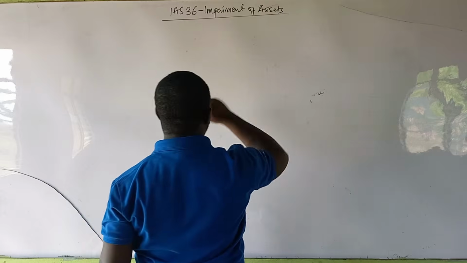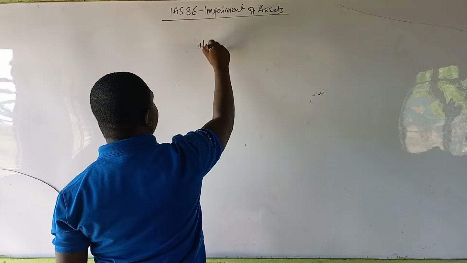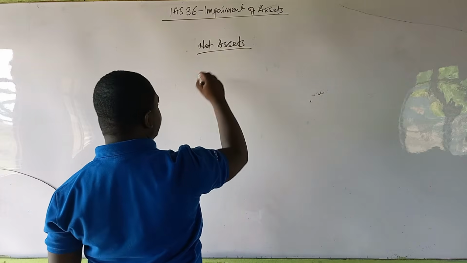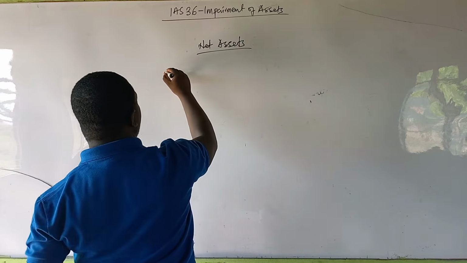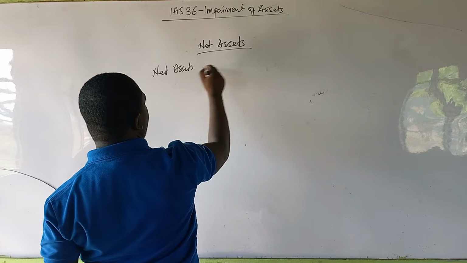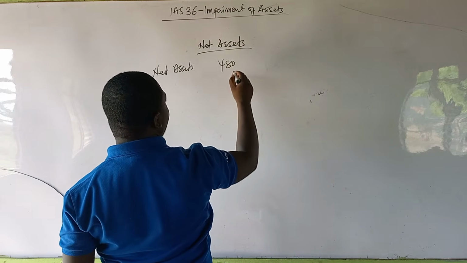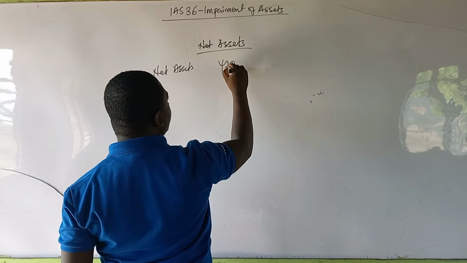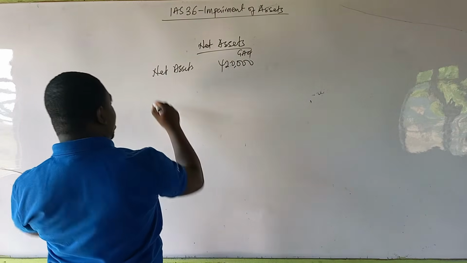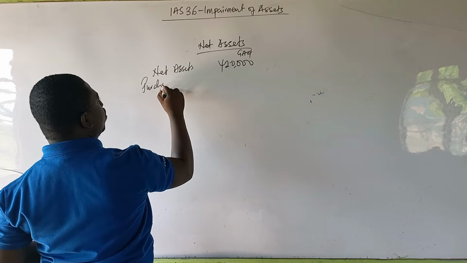We are going to say that the net assets of the business includes the original net assets of 420,000 Ghana cedis. And then we will have the purchase goodwill.